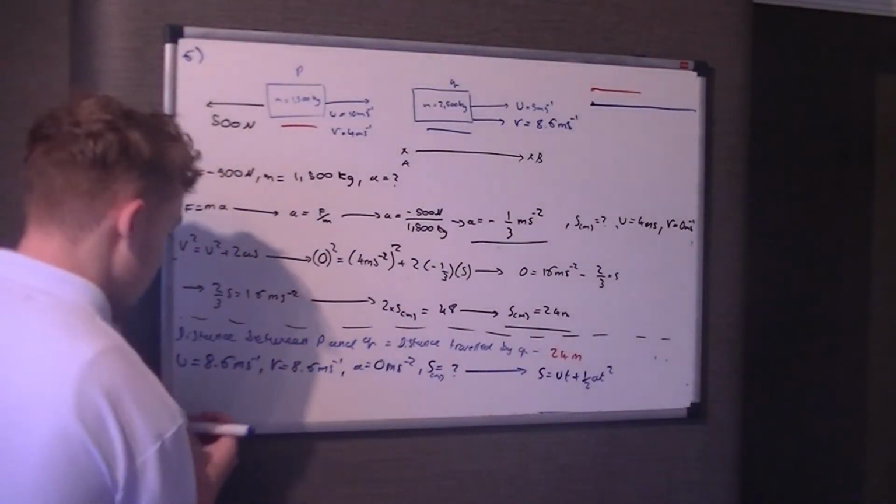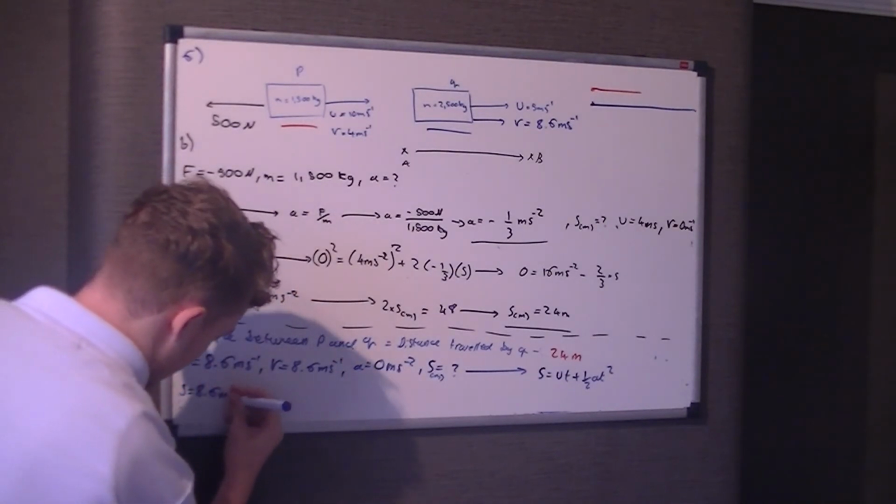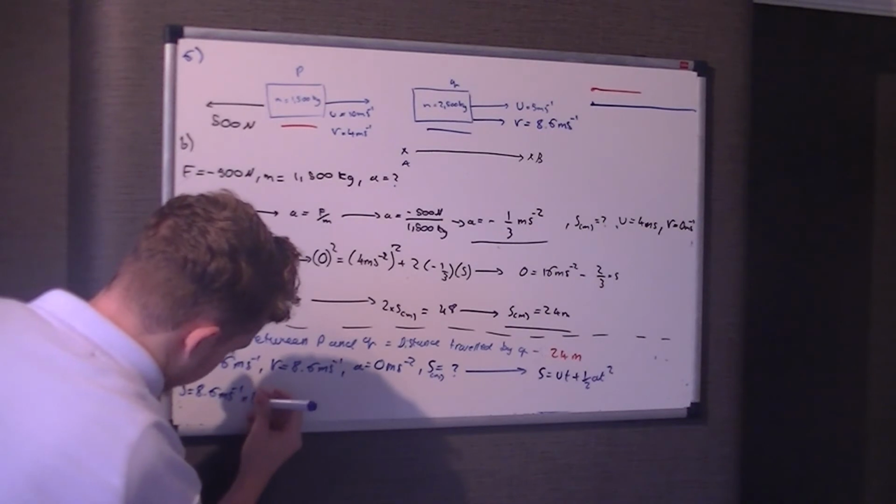Okay, but we don't know what time is, but I'm just going to leave it in there for the moment. So S is equal to 8.6 metres per second times t.